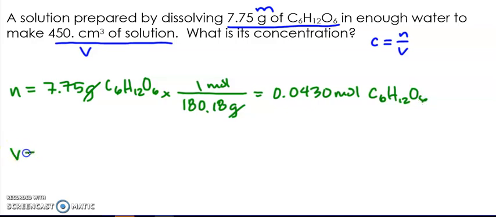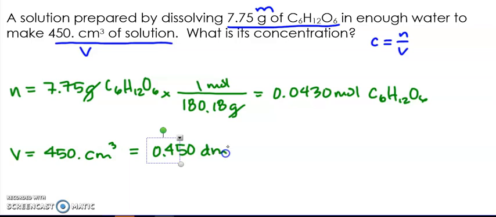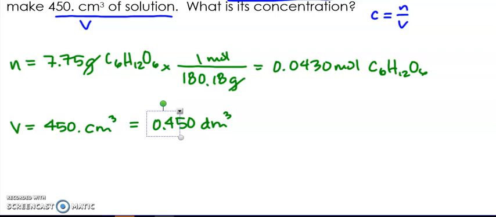Now my V, my volume, and you wouldn't necessarily have to write this out, but I'm going to show you, is 450 centimeters cubed. Centimeters cubed to decimeters cubed, remember that centimeters cubed and milliliters are the same. Decimeters cubed and liters are the same. So the conversion is the same. Centimeters cubed to decimeters cubed means I'm going to divide by 1,000. So this would be 0.450 decimeters cubed. All right, so now I can go to my equation and plug in my values.